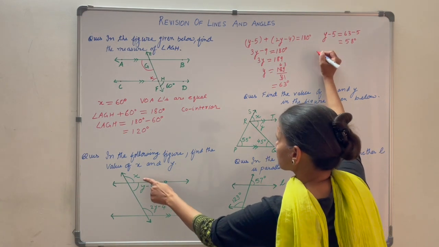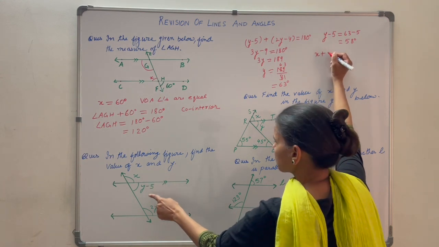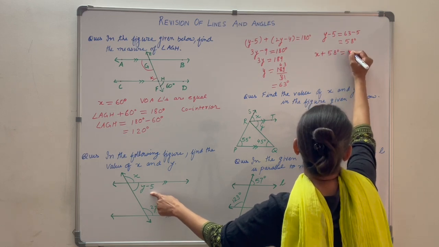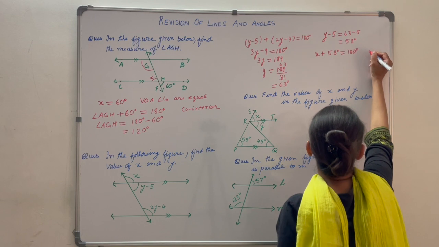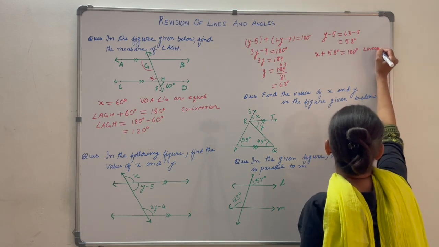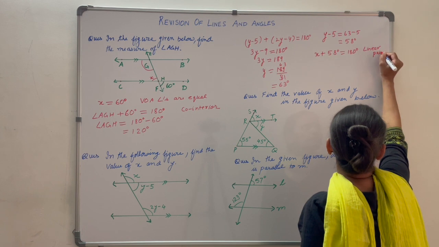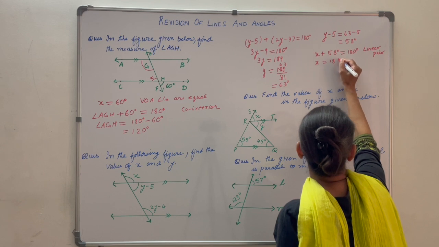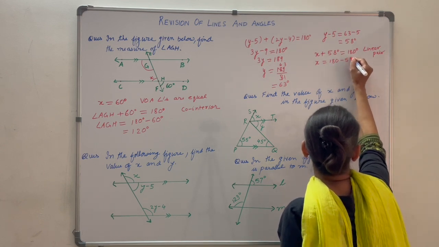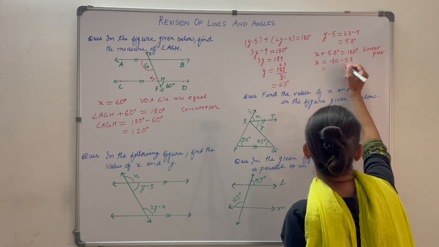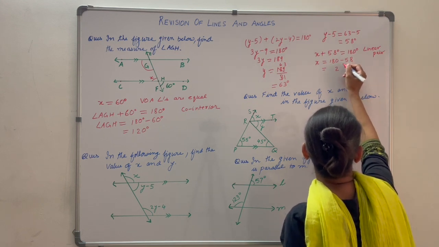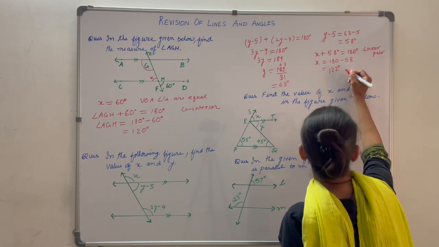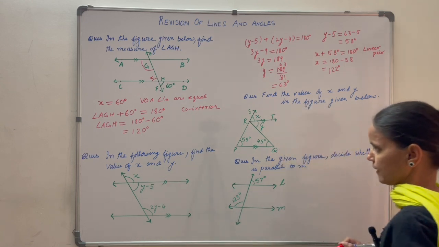So x plus 58 degrees is equal to 180 degrees. Reason is linear pair. So plus 58, you take it to the other side, it becomes minus 58. So 10 minus 8 is 2, 7 minus 5 is 2, and 1 minus 0 is 1. So this is 122 degrees, the value of x.